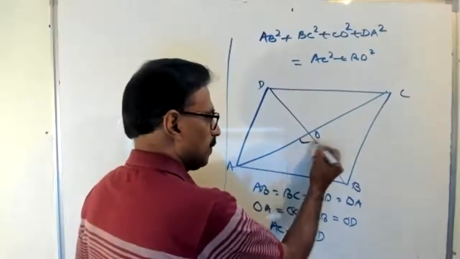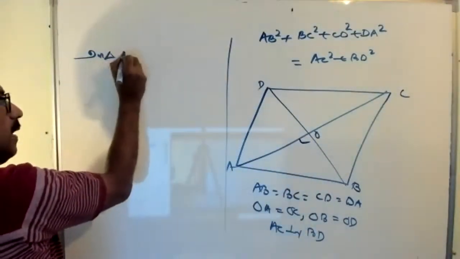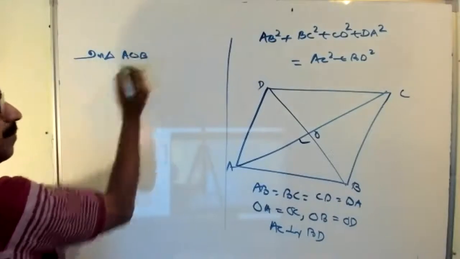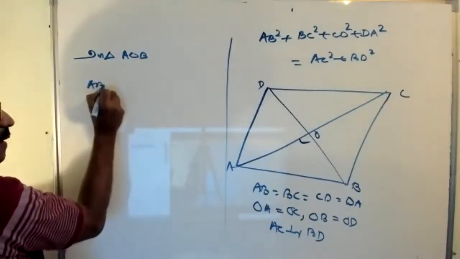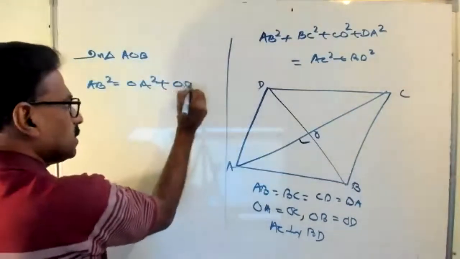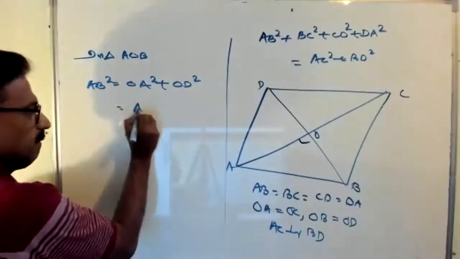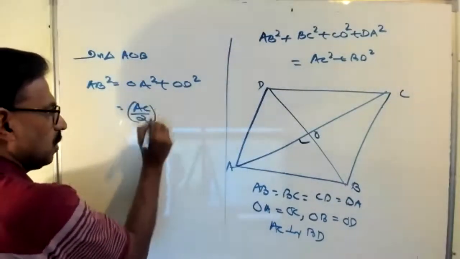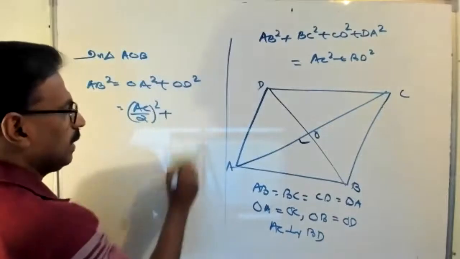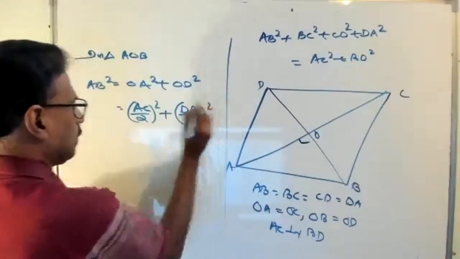Now in triangle AOB, AB square equal to OA square plus OB square. OA is AC by 2 whole square plus OB is DB by 2 whole square.